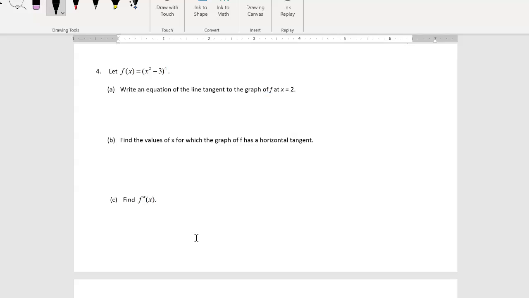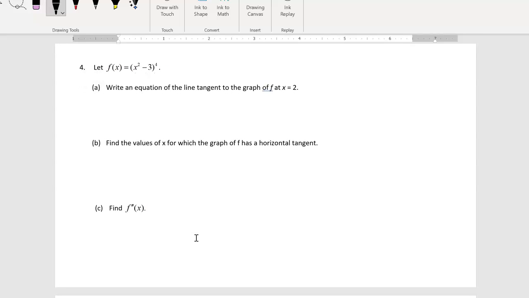Number 4 was probably the first of a very straightforward question. We want the equation of a tangent line to the graph at x equals 2. So we need two things. We need a point and we need a slope. You have the x coordinate of the point, so let's go in and find the y coordinate of the point, and that's 1. You can go ahead and front load your equation of your line. y minus 1 equals the slope times x minus 2.